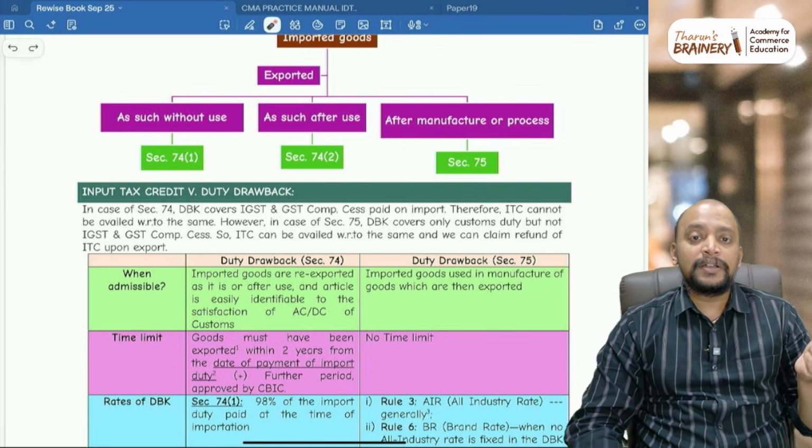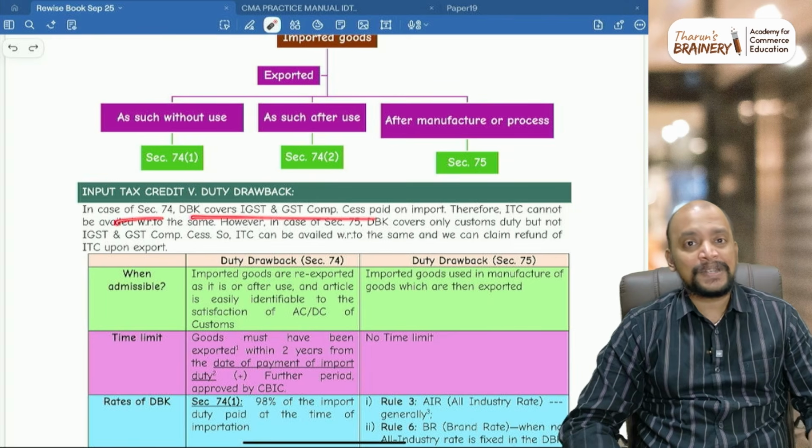For example, in the first example, the robot which is imported and exported: on import, whatever customs duty is paid, when you are exporting that robot after the exhibition, 98% of the total customs duty you will get as a refund, which means you will get it as duty drawback.